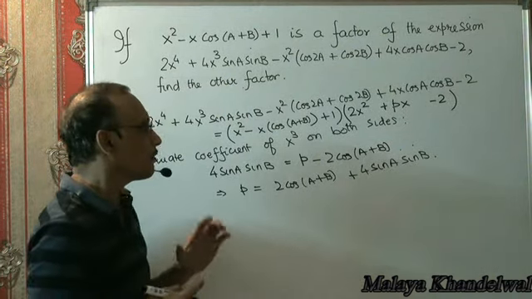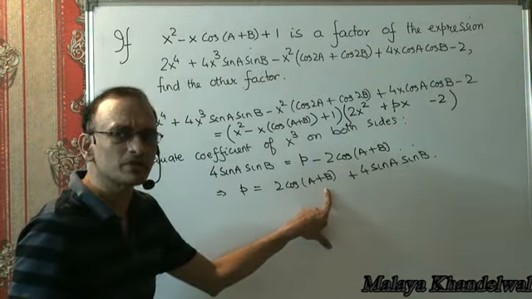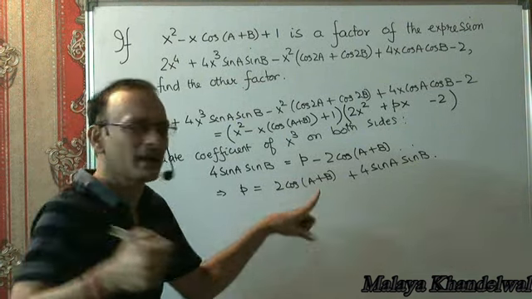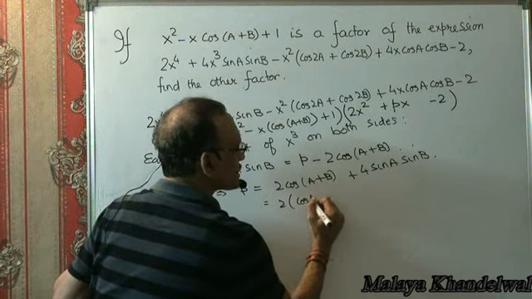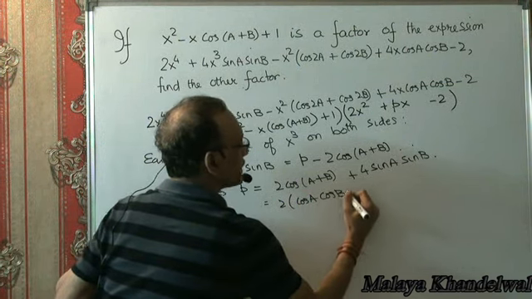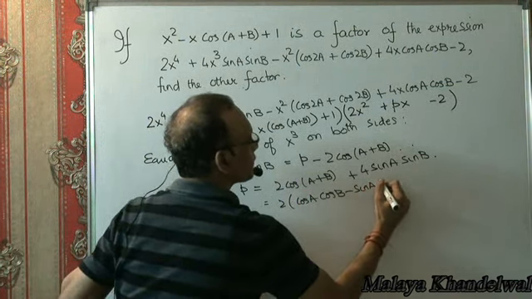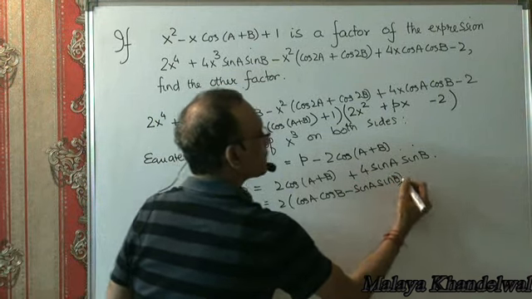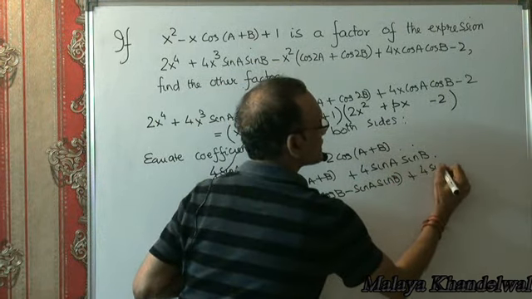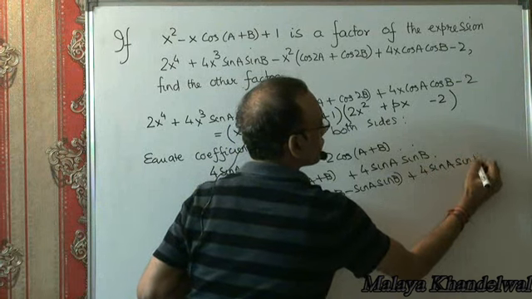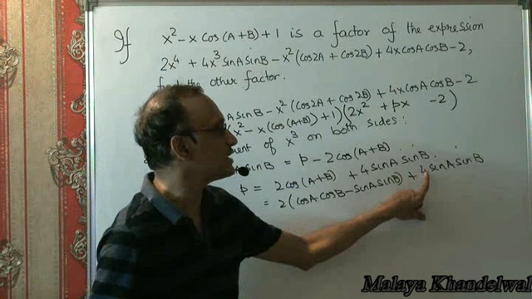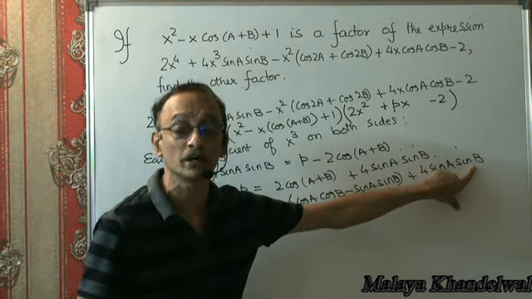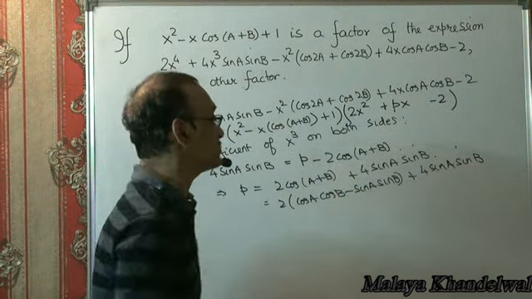Right. Now see, if I expand cos of a plus b, that's going to be cos a cos b minus sin a sin b. So that's like twice cos a cos b minus sin a sin b plus 4 times sin a sin b. So minus 2 sin a sin b plus 4 sin a sin b, that's going to be plus 2 sin a sin b.